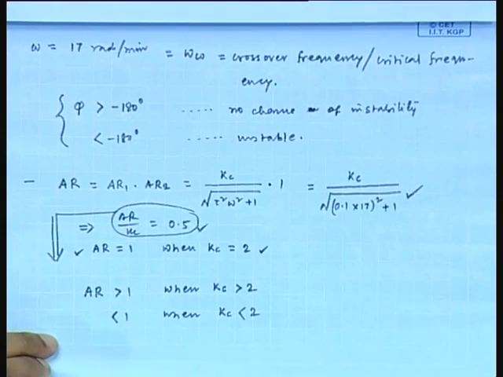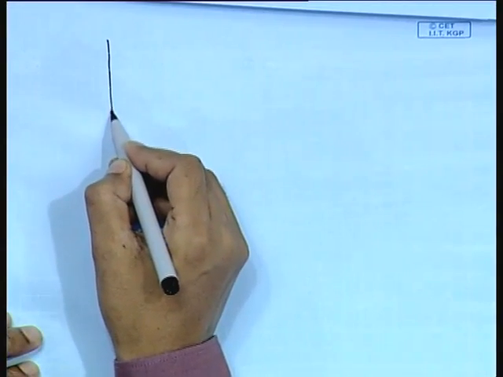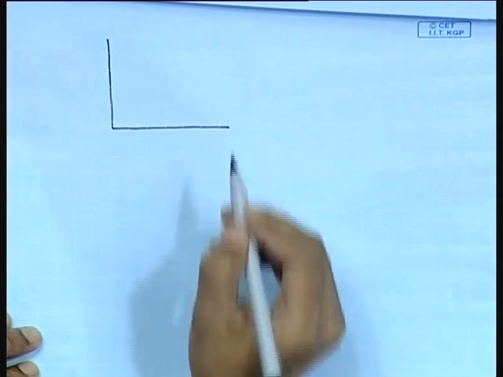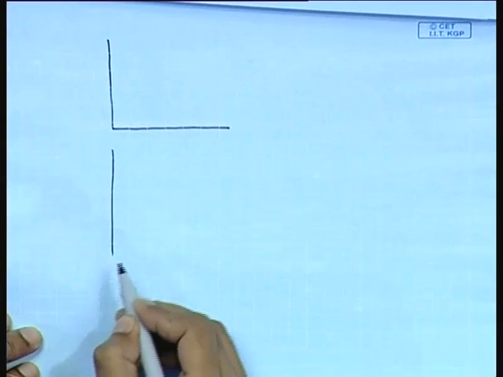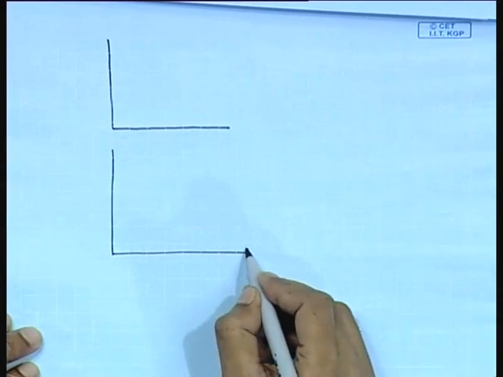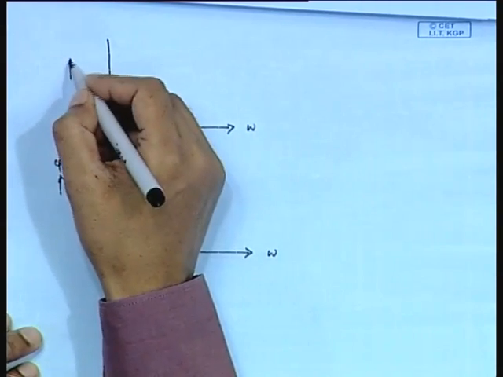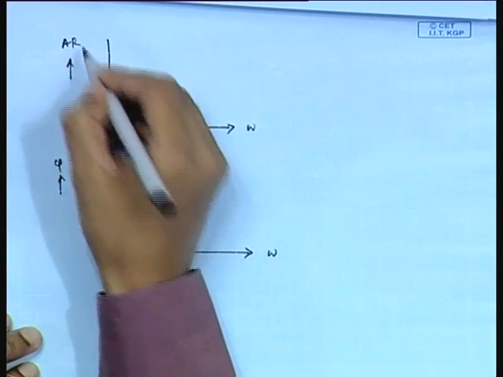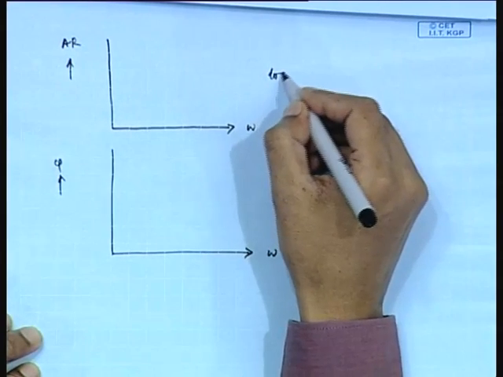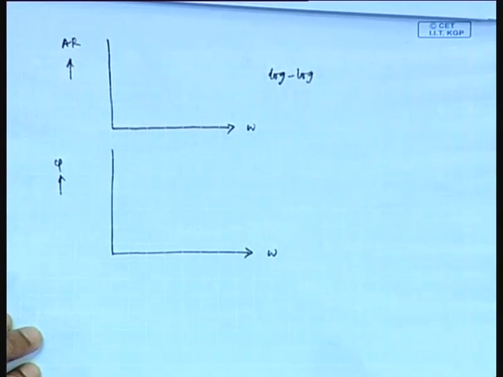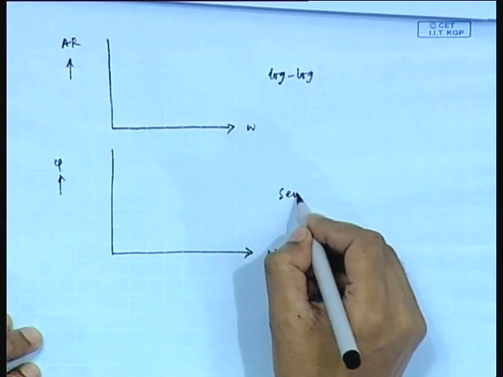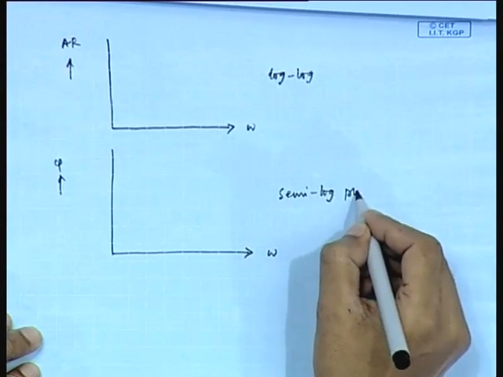Can we draw the Bode plot now? We will construct the Bode plot based on this information. This is omega, phi, omega, amplitude ratio. This is a log plot and this is a semi log plot.